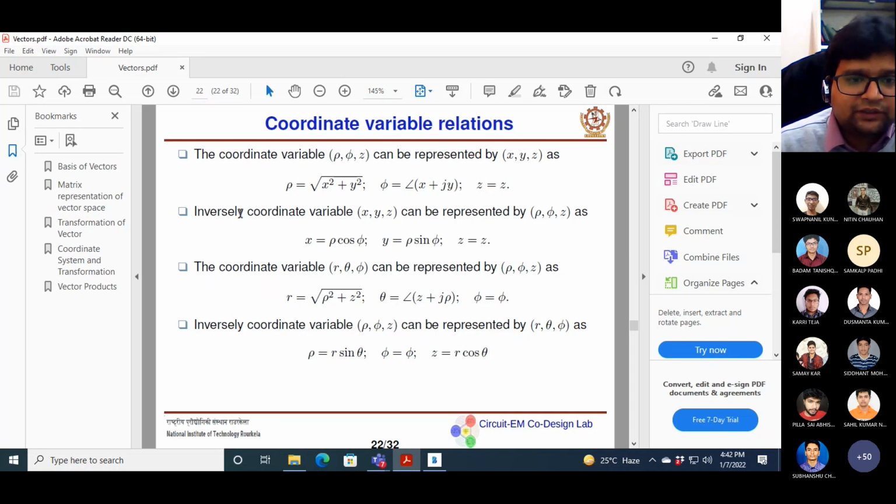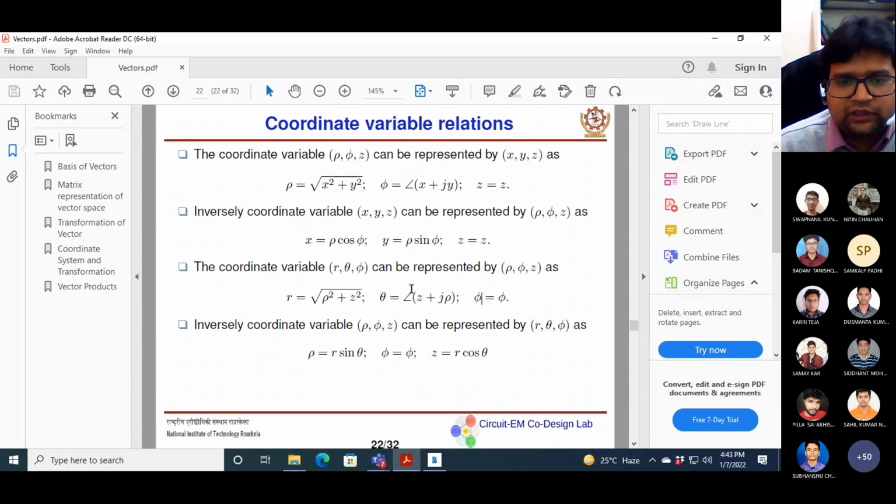Inversely, the coordinate variables x, y and z can be represented by rho, phi and z as x equals rho cos phi, y equals rho sin phi, and z equals z. And the coordinate variables r, theta and phi can be represented by rho, phi and z as r equals the square root of rho square plus z square, theta equals the angle of z plus j rho, and phi equals phi.